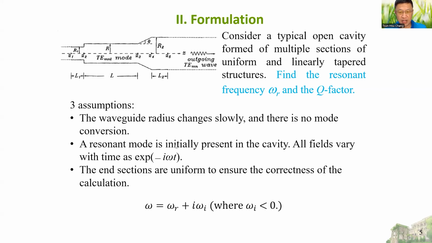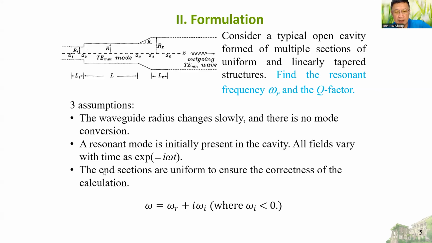A resonance mode is initially present in the cavity. All fields vary with time as exponential of negative i omega t. So it looks like just considering a black body of very, very broad band. Since there is a resonance condition here, initially there is a mode here, although the value is very small.